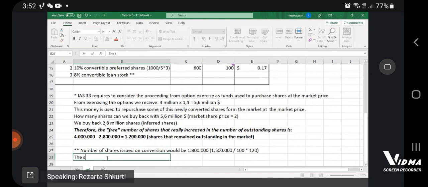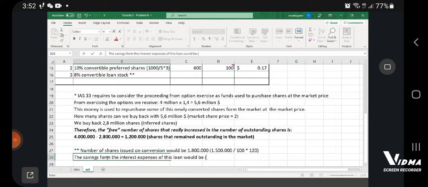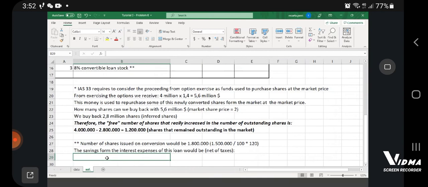That is, the number of new shares will be 1,800,000, whereas the savings from the interest expenses of this loan would be net of taxes. Always we show them here.